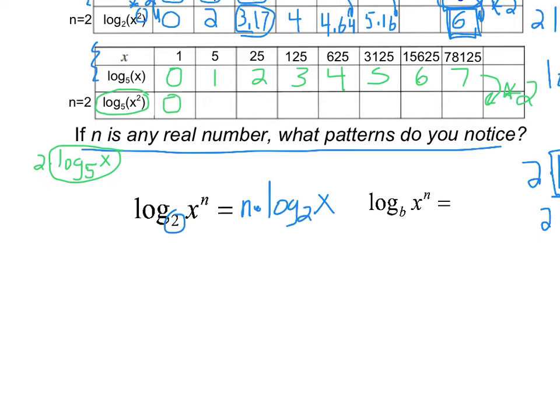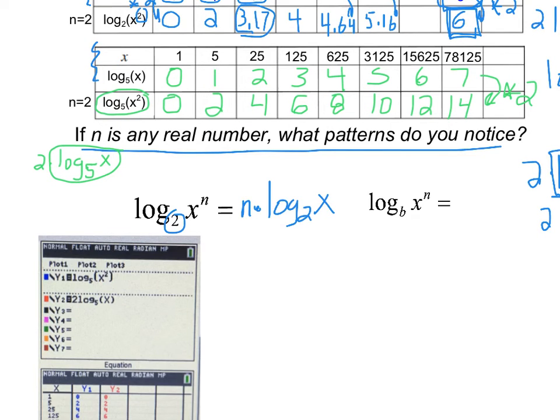0 times 2 is 0. 1 times 2, 2 times 2, 3 times 2 is 6, 8, 10, 12, and 14.